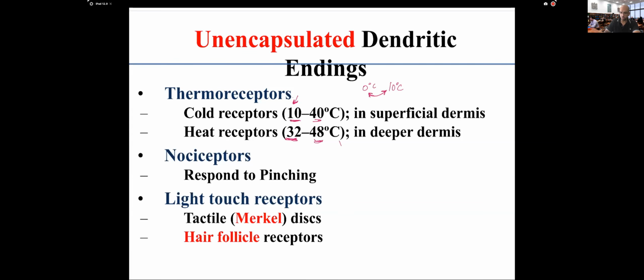Would I feel more cold? But you see here, the cold receptors operate between 10 degrees Celsius and 40. So how can I feel colder if all the receptors are already activated at 10 degrees Celsius? How can I feel colder?